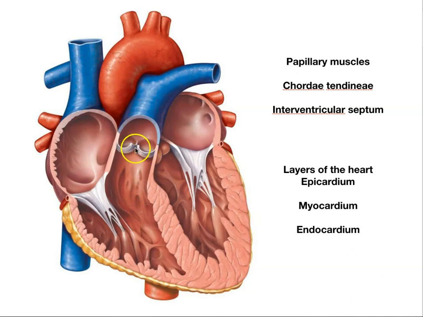These semilunar valves, they call them semilunar because they kind of look like little moons, half moons. What happens once the ventricles relax, there's going to be a little bit of backflow from this pulmonary trunk.